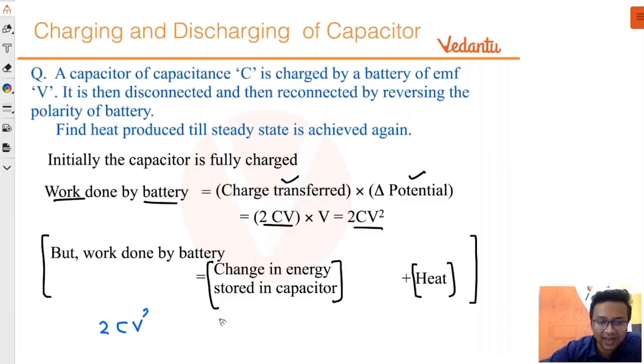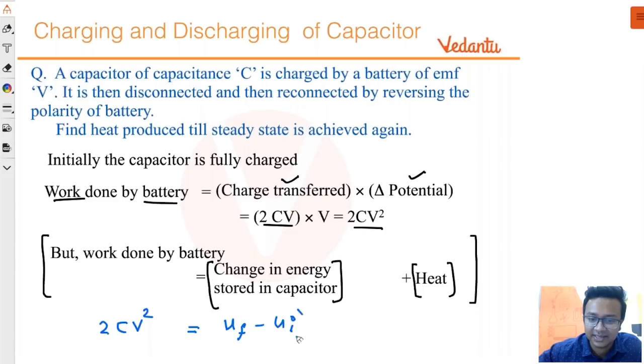This 2CV square is equal to, my dear students, the change in energy stored in the capacitor. Now, the change in energy stored in the capacitor is equal to what? The final energy stored in the capacitor minus the initial energy stored in the capacitor. So that is U final minus U initial.